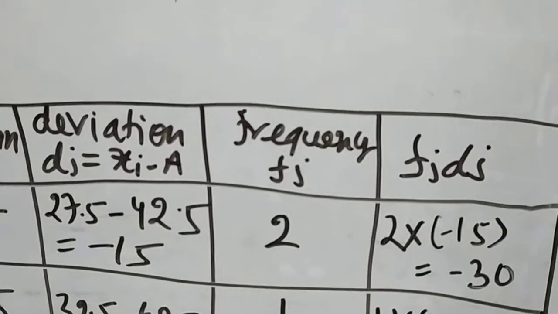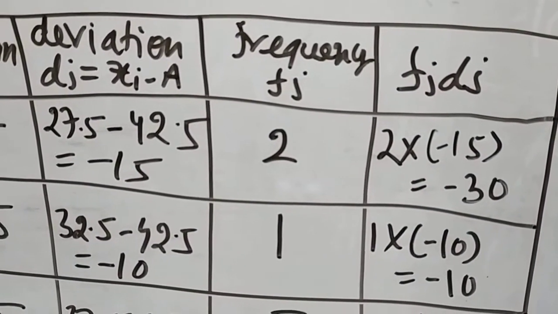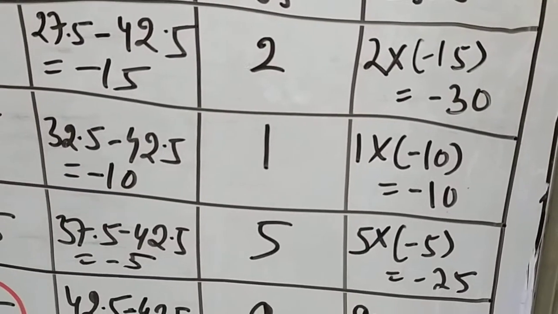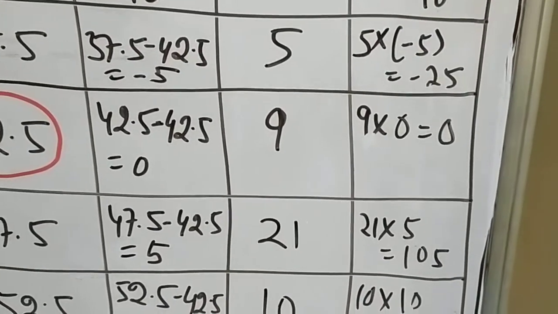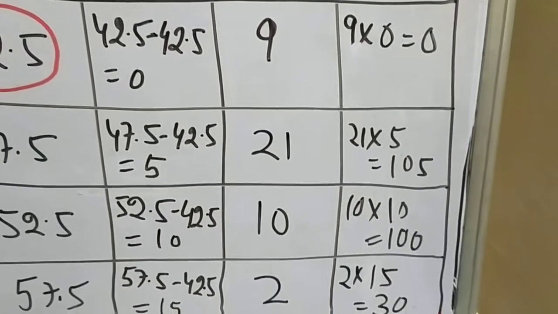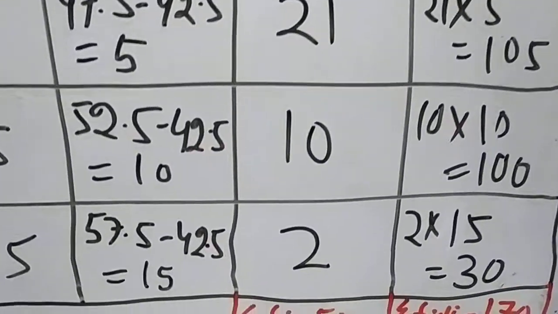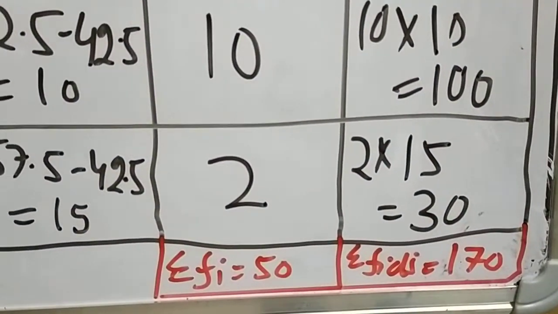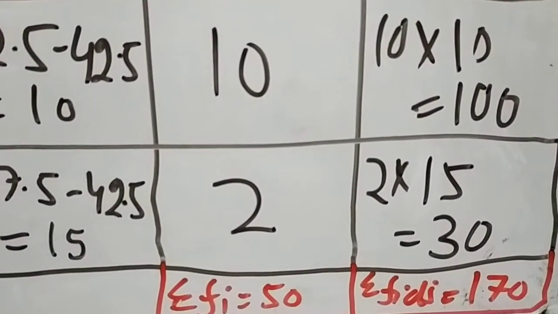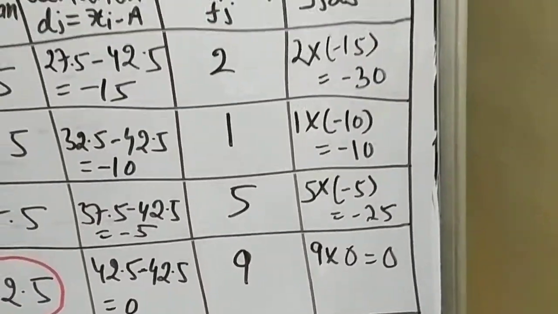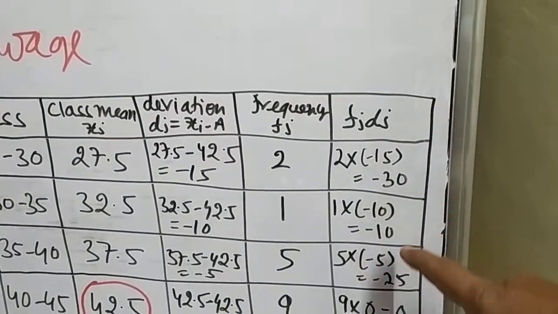As you see this, minus 15 into 2, 1 into minus 10, 5 into minus 5, 9 into 0, 21 into 5, and calculate sigma FiDi as 170. Okay, sigma FiDi is the sum, means algebraic sum, of this FiDi.